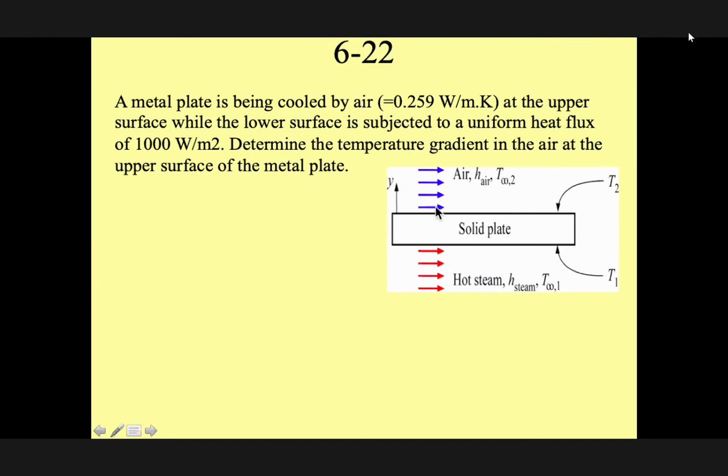I want to find out what is the temperature gradient here at the upper surface. I want to find the temperature profile, because if I find the temperature profile, I can easily calculate the heat transfer coefficient. How can I solve this problem? Therefore, I'm trying to find an expression for the temperature as a function of y, right here.